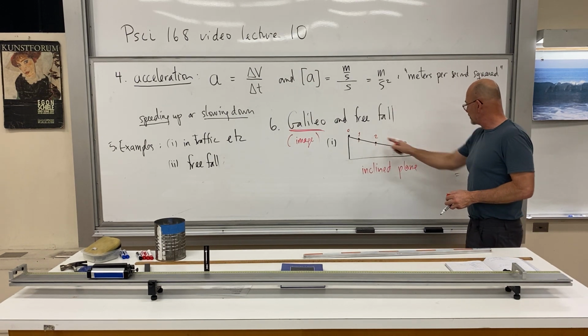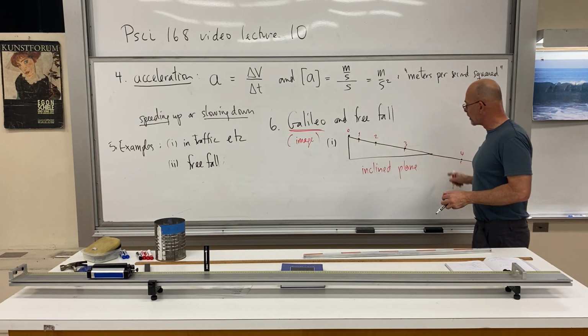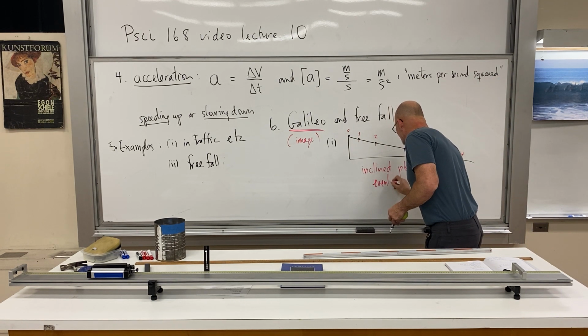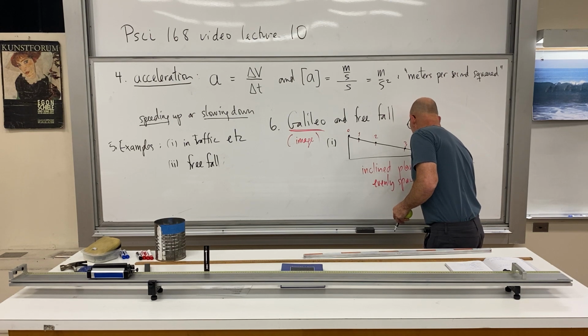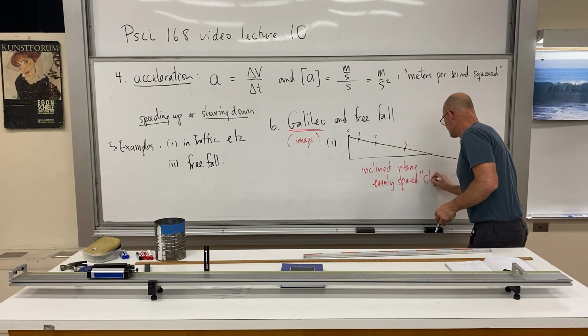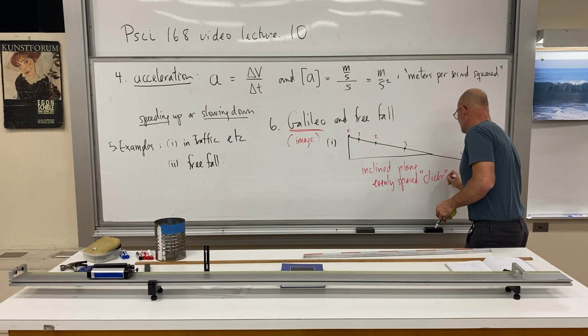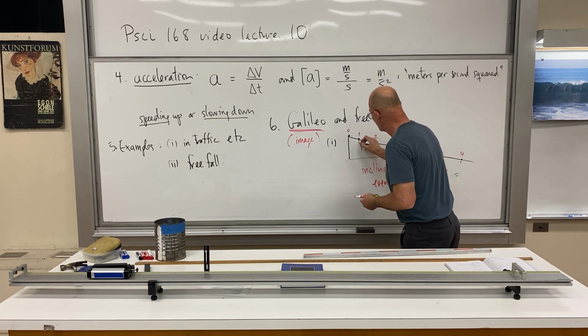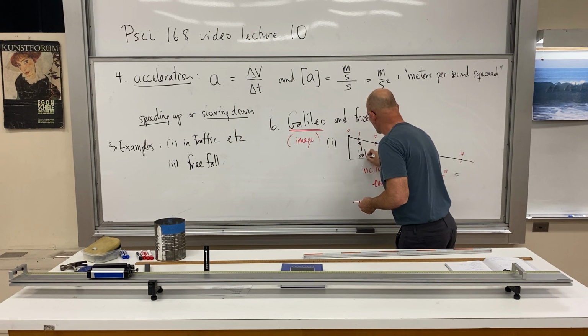And these 0, 1, 2, 3, 4 are clicks, evenly spaced clicks. Okay. And this is some little ball that's rolling.